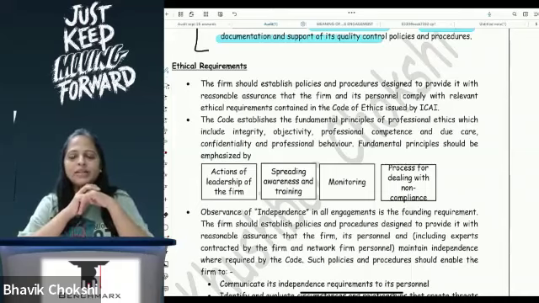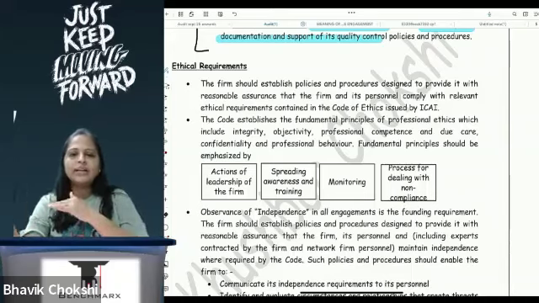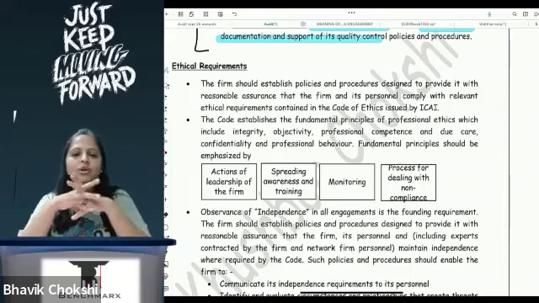Independence is basically that I am an independent third party who is reviewing the data that you have given to me, and then I am giving reasonable assurance to my intended users, giving them the confidence that this is done. But if I am not an independent party, if I am related in some way, will I give an unbiased view? No, my view will be biased, correct?